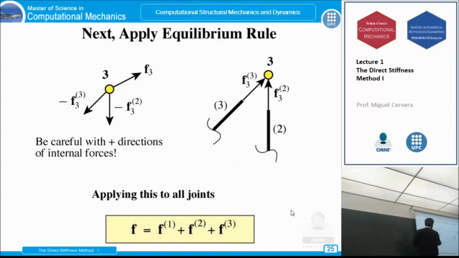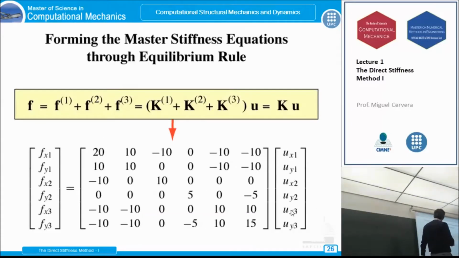So you write it, and this force must be equal to the addition of all the other forces, of all the members coming to the node. Okay? So you do this for all the nodes, and that's equilibrium everywhere. Okay? Let's see how it works.